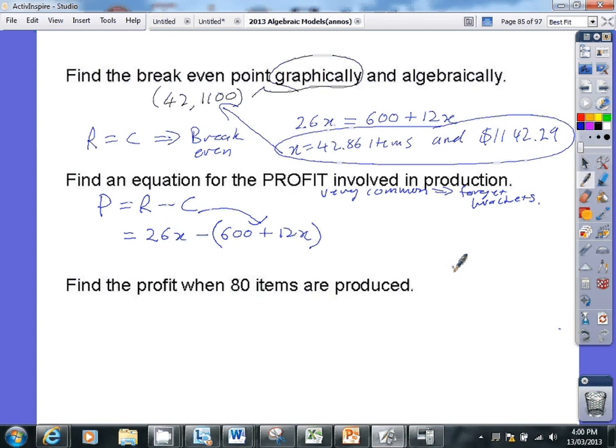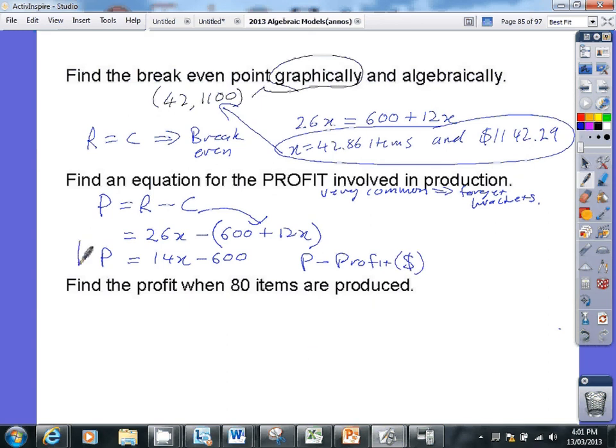Okay, don't forget the brackets. So 26x minus 12x leaves us with 14x. That negative goes onto the 600. And there's our profit equation, the profit measured in dollars.